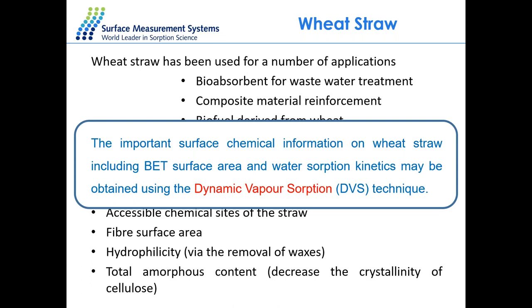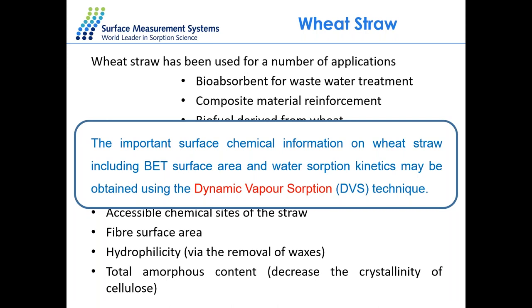Now, one of the things that we can analyze using DVS is measuring the specific capability to absorb water, but also the total surface area of the material itself. We have different solvents that we can use to measure BET surface area. The choice of solvent really depends on the relationship between the solvent and the material that we want to analyze.